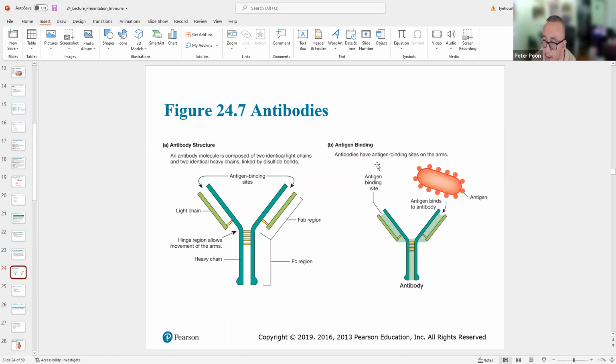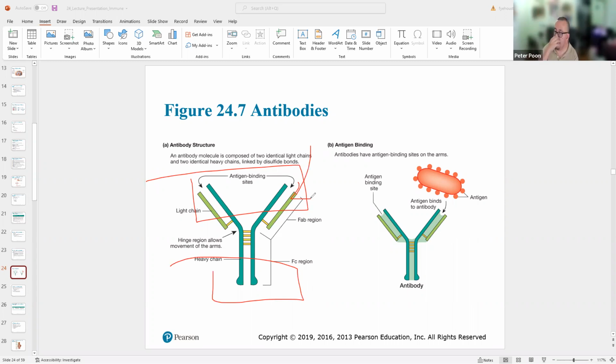The way antibodies work, they have a Y shape. This end is the antigen binding site, and this end is the Fc region. The antigen binding sites bind to antigens: bacteria, viruses, pollen, whatever it binds to.